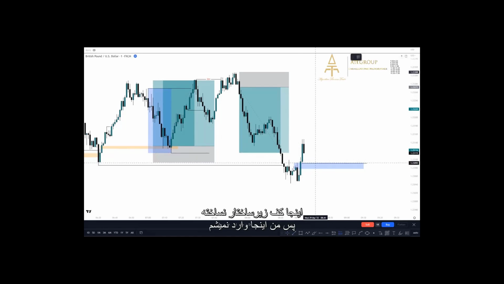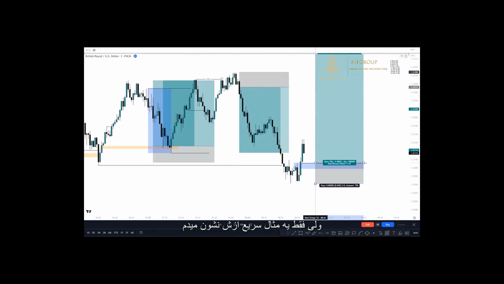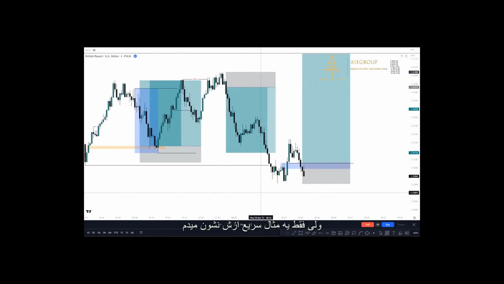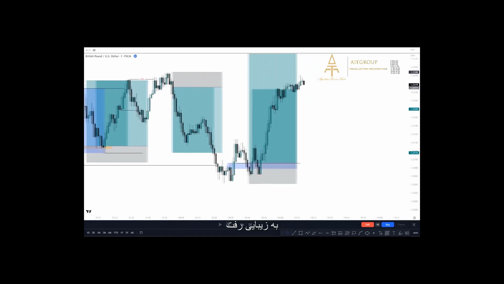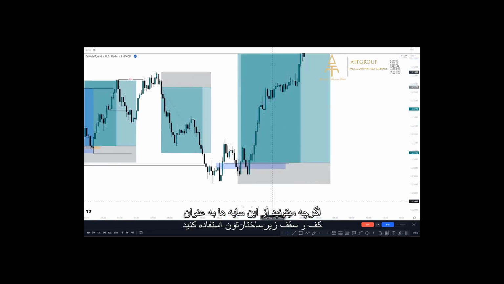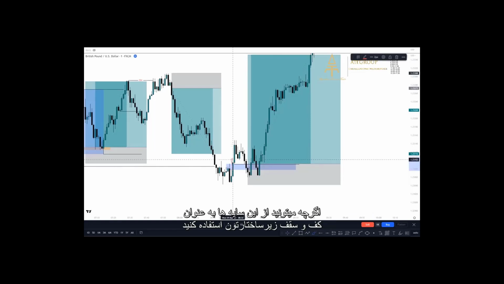It didn't create this substructure low, so I wouldn't be entering here, but just quick example. Yeah, beautiful. You can, by the way, use these waves as your substructural lows and highs, but I don't use it. I want to see clean structural point on 1 minute.